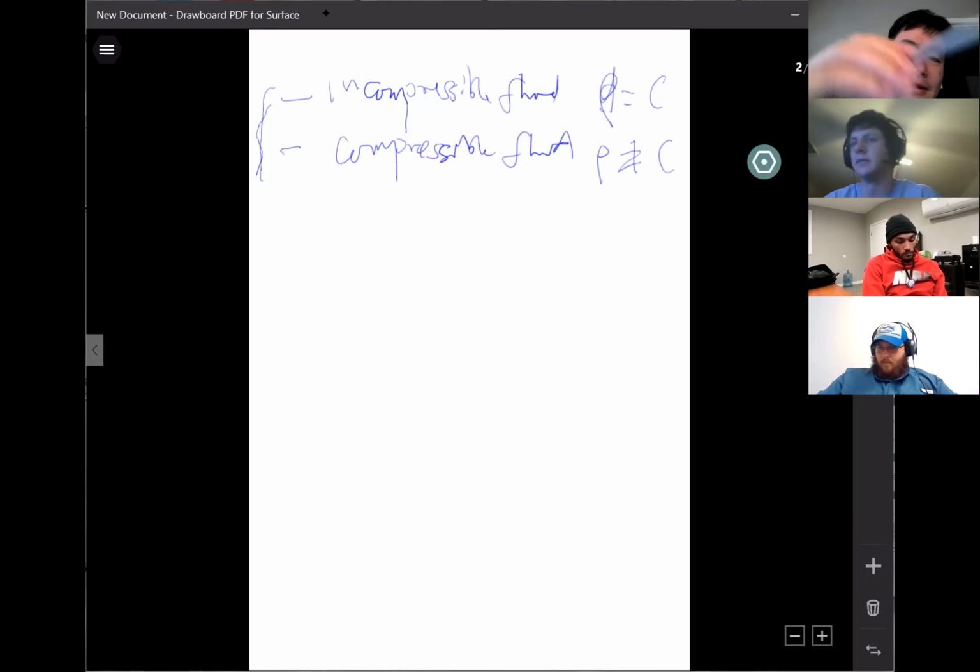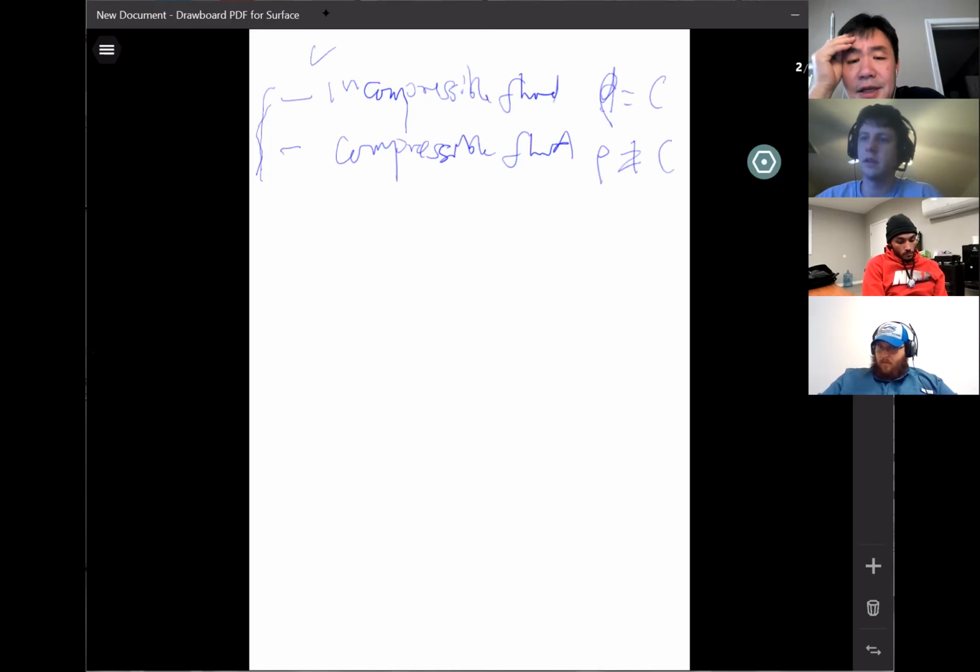Again, incompressible fluid is our topic here in ENGR 311. We still deal with gas, deal with air in some of the problems in this class. But for those problems, when we deal with air, the density of air doesn't change. We assume it doesn't change.